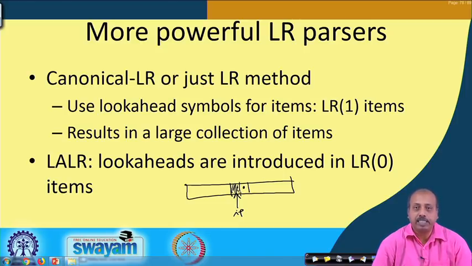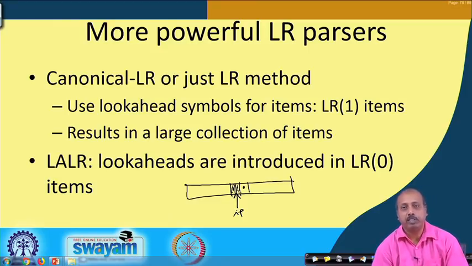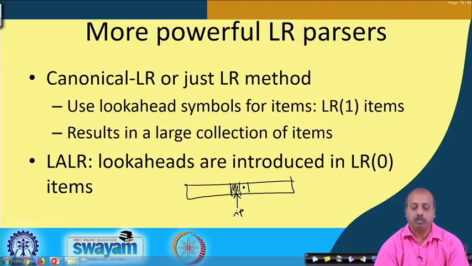Here the number of states will be much less compared to the canonical LR parser. For many grammars, you can do the SLR parser construction by hand. The canonical LR parser becomes difficult, because as you increase the complexity of the grammar, the number of states will become pretty high. LALR also depends on LR1 items, so it will again be difficult to construct by hand, but it can be automated very easily.